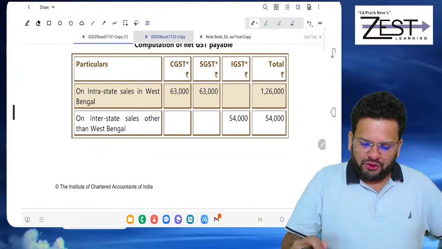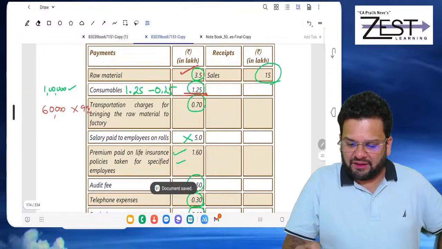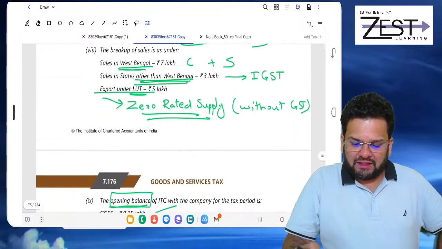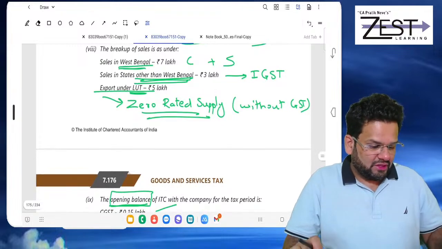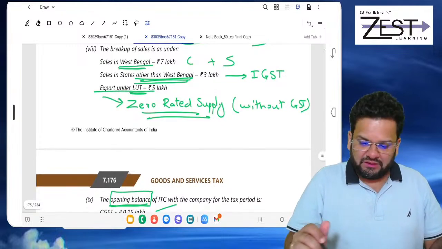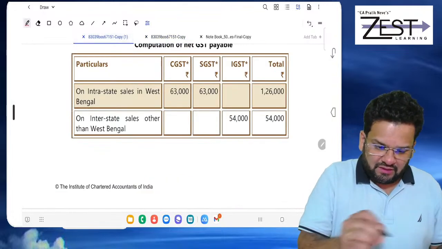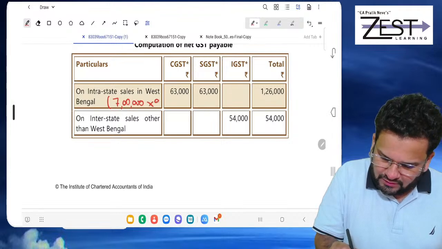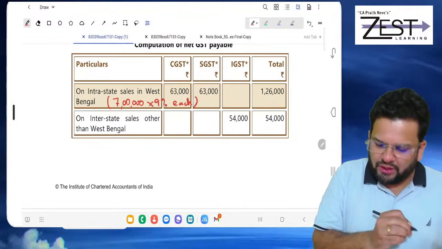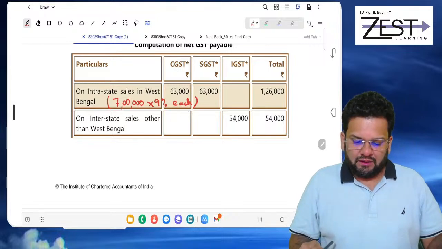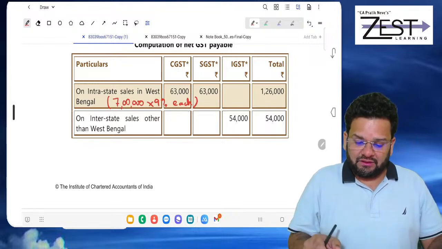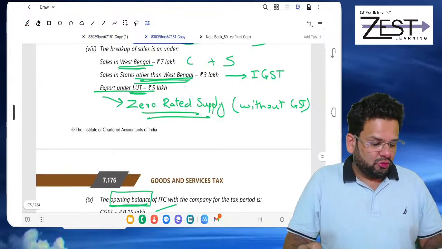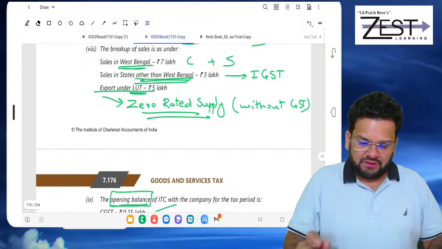So now what you will do, you will focus on the sales side. Overall sales side is 15 lakh. West Bengal sales is 7 lakh. Can you do 7 lakh into 9%? See, 7 lakh into 9% each. You are getting 63,000. Then on interstate sales, which is 3 lakh, can you do 3 lakh into 18%?